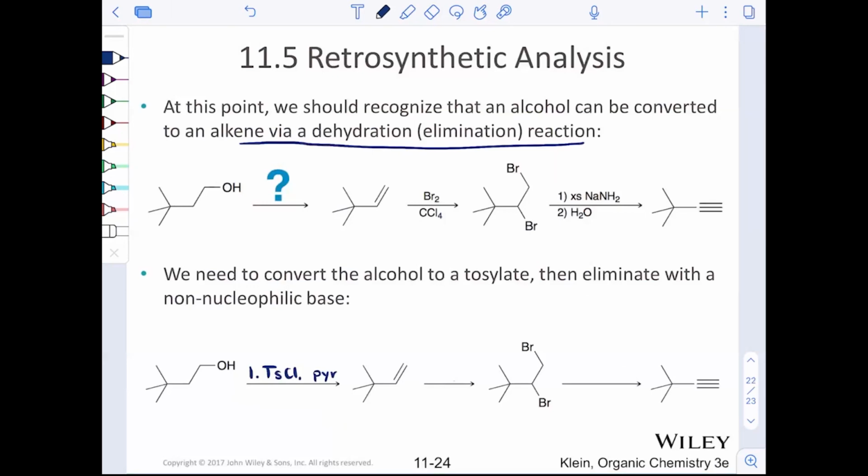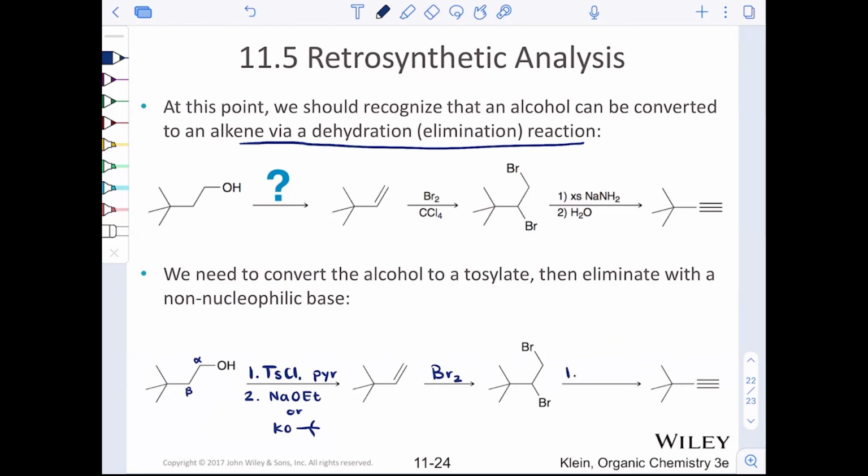PYR is a shortcut for pyridine. We have one alpha and only one beta here, so any base will do. It doesn't matter which one you choose, DBN, DBU, anything. Then we'll use our Br2.